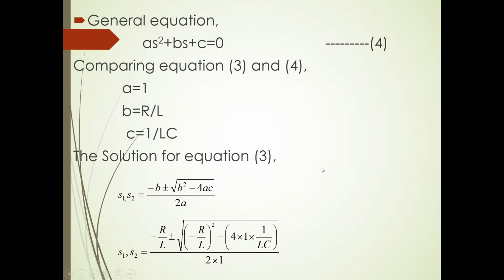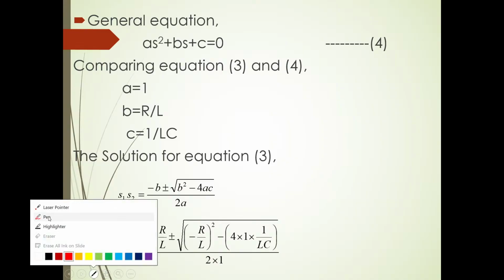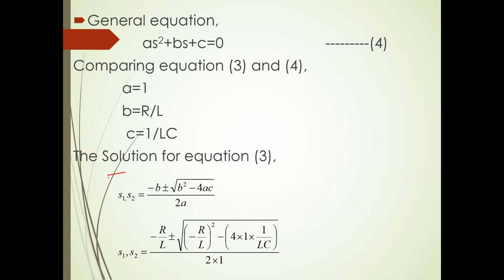I hope you know how to determine the solution for a quadratic equation. This is the formula. You will get two roots, s1 and s2, equal to minus b plus or minus root of b square minus 4ac, divided by 2a. You know what b, a, and c are, so just substitute all those terms here. You will get this expression.